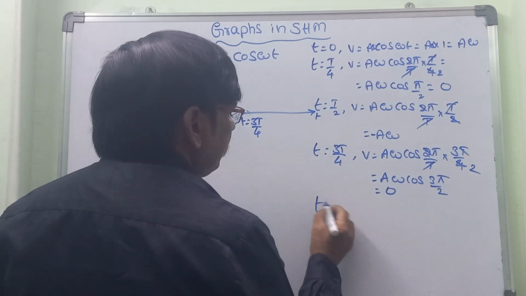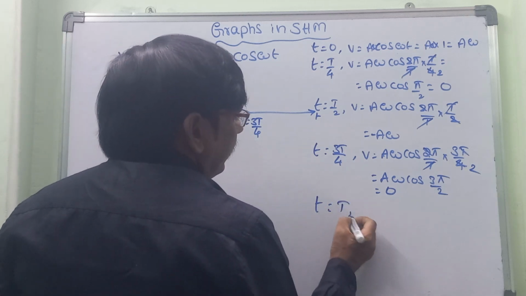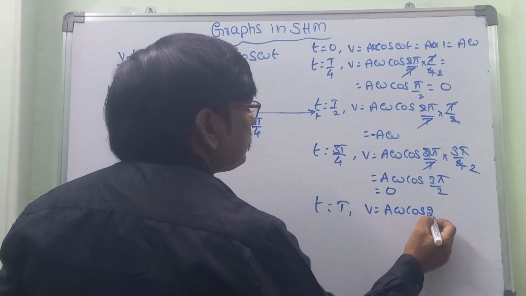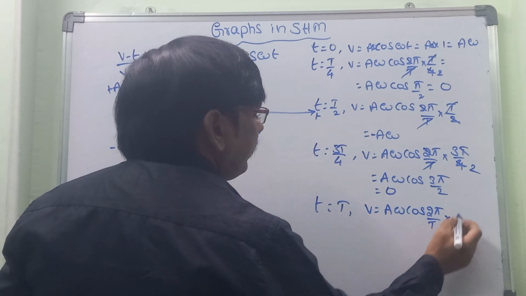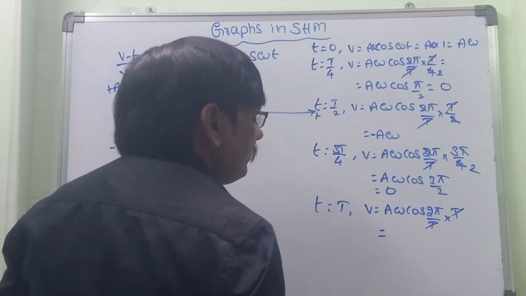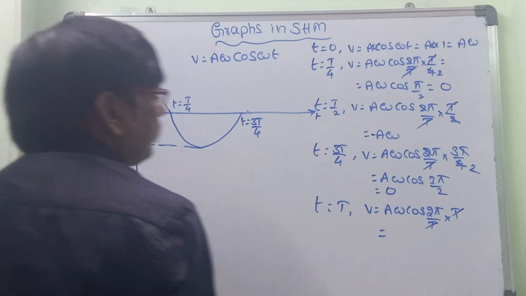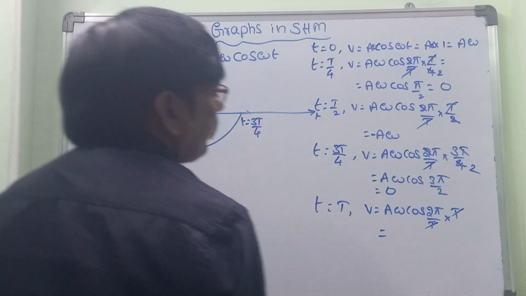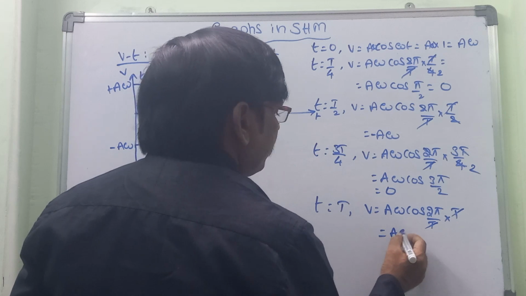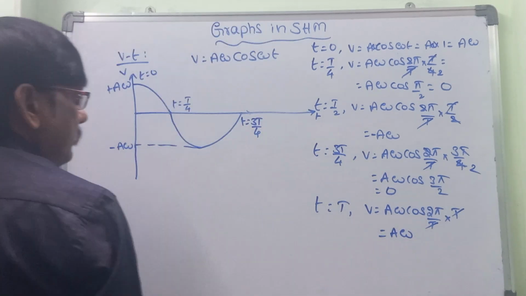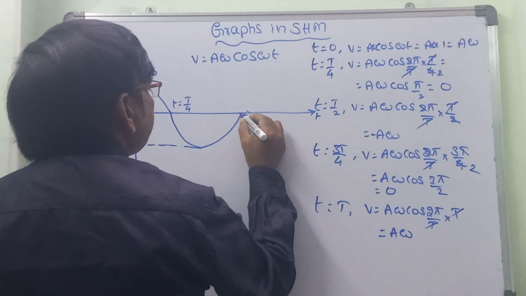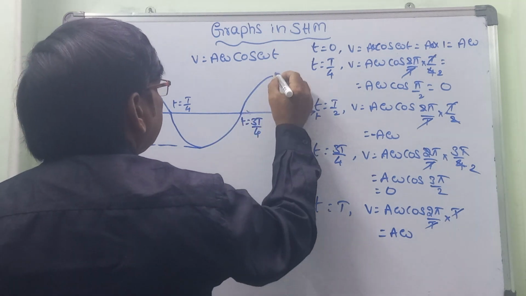Now let us take t = T, then v = aω cos(2π/T × T). T gets cancelled, so what is left is aω cos 2π. Cos 2π is 1, so we get the value aω, positive, and that aω comes like this.